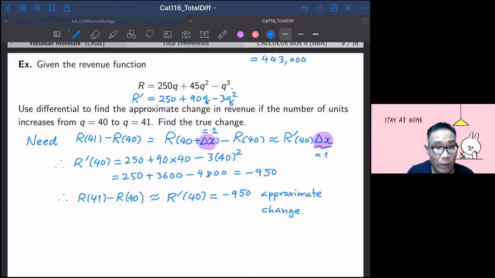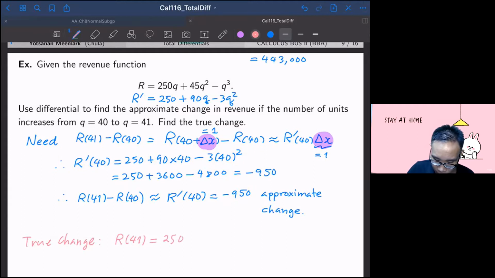However, if you'd like to find the true change, you're going to need R at 41, and this is kind of difficult.